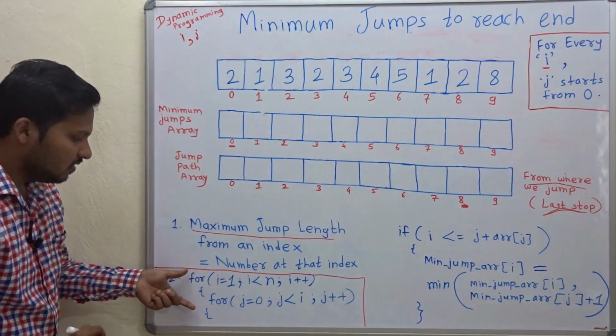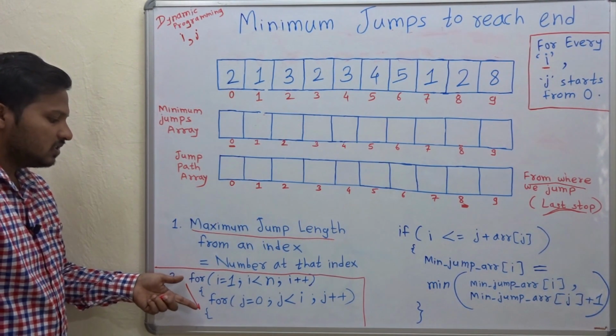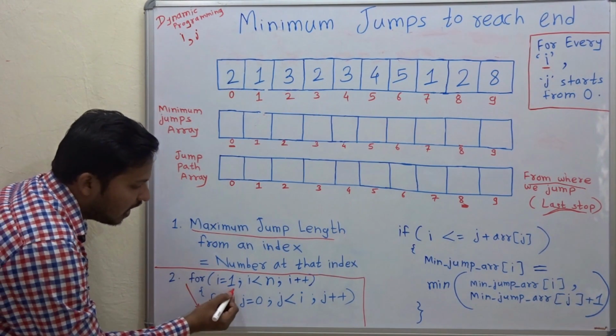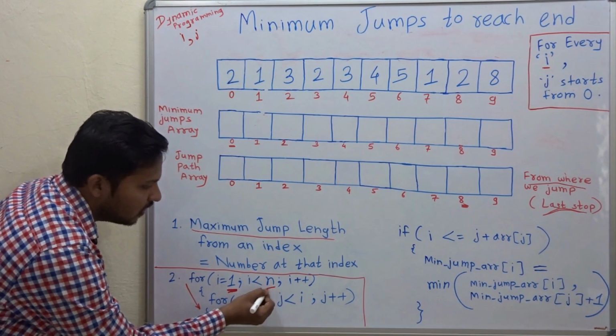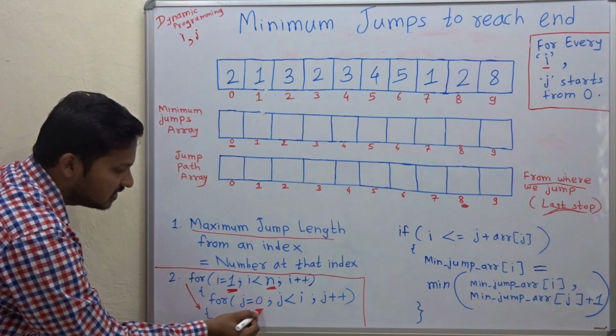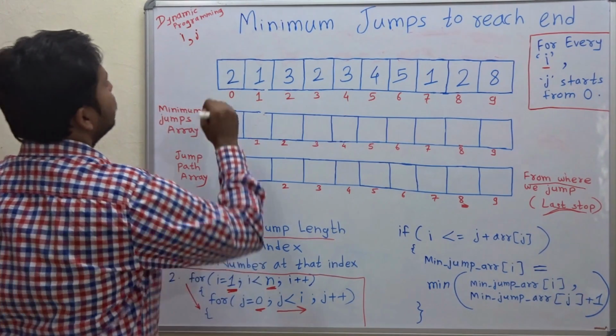So you can see here is the sample for loop, nested for loop, just for making you understand how this works. So see, I starts from 1 to n and j every time starts from 0 and it goes up to I. So let's see how do we do this.